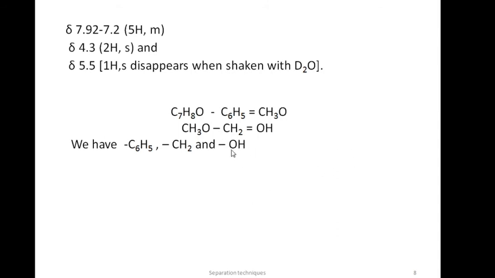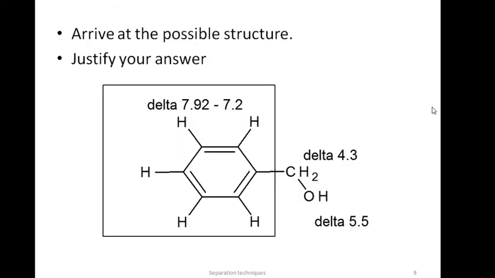So it is exchangeable, it must be OH, right? So this is the probable structure for the data which you have got. It's a monosubstituent, so the remaining will be CH2 and OH. The delta values we have to assign.